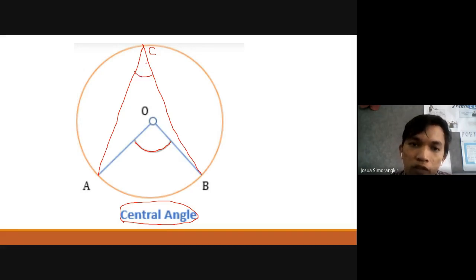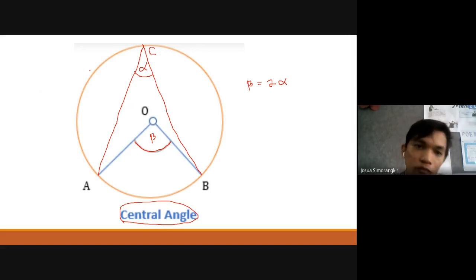This is the inscribed angle. Let's say its magnitude is alpha, and the central angle is beta. These two angles have a connection: the central angle beta must equal twice the inscribed angle alpha.